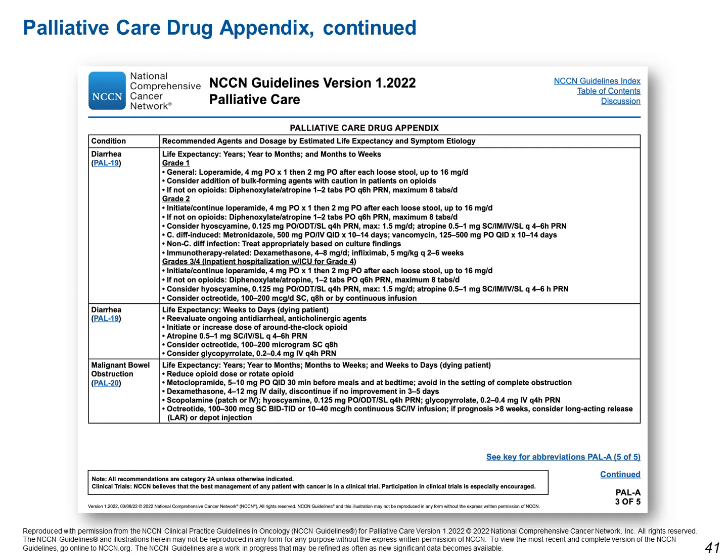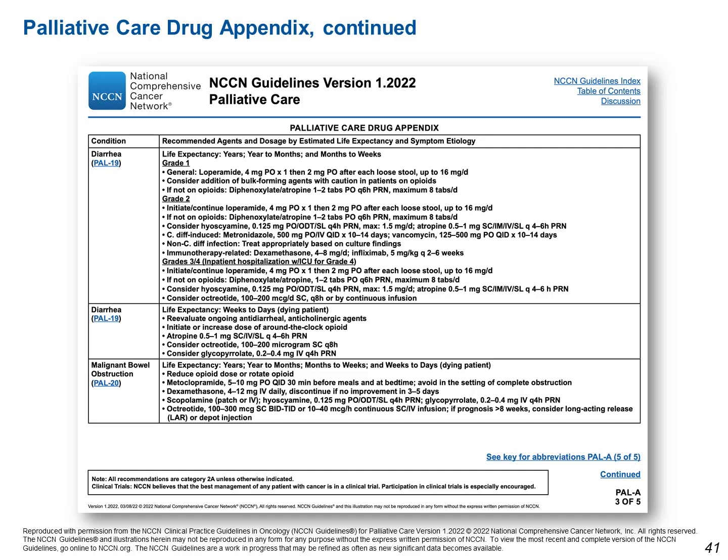Patients requiring hospitalization for grade 4 diarrhea, continue the previous measures. And if patient is not on opioids, diphenoxylate atropine, Lomotil, 1 to 2 tablets Q6. Consider hyoscyamine, atropine, also consider octreotide, 100 to 200 micrograms per day subcutaneous Q8 or by continuous infusion.